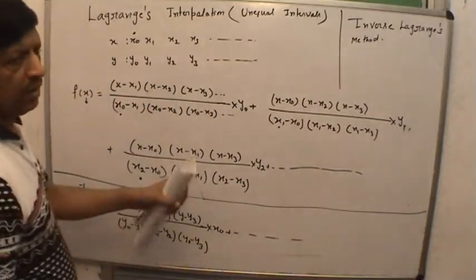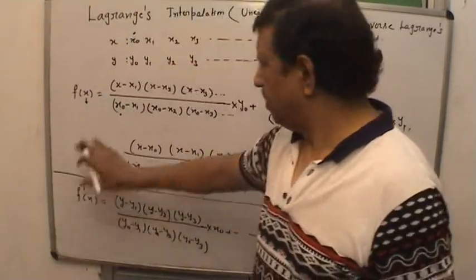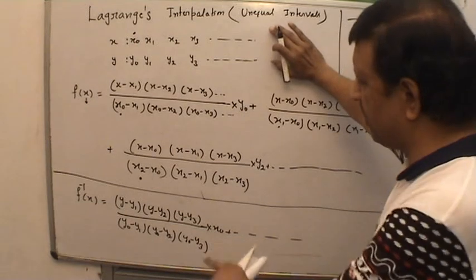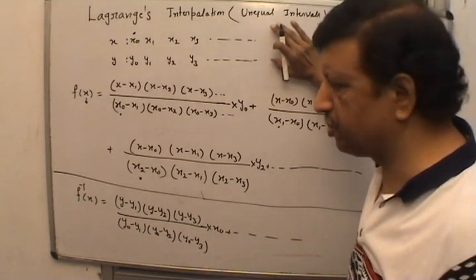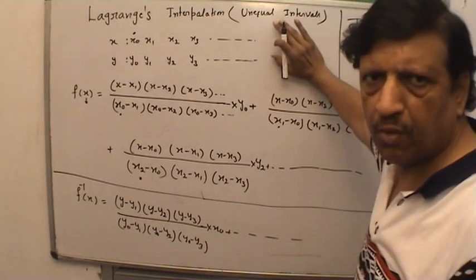We can proceed as we did in the above section. This is the inverse Lagrange's interpolation. So there is no difference in both methods.